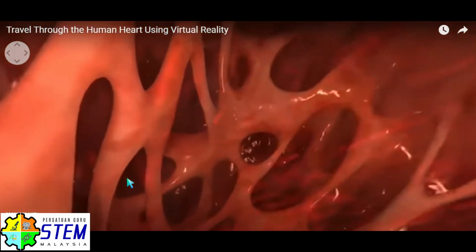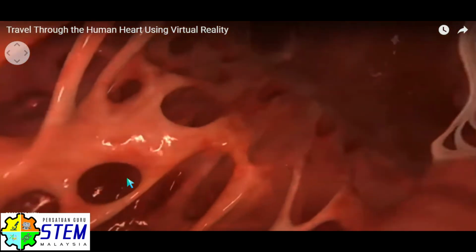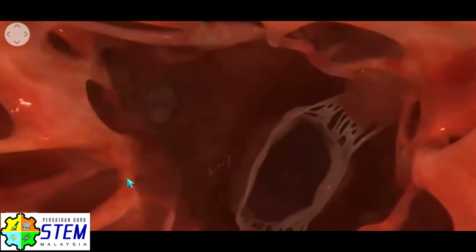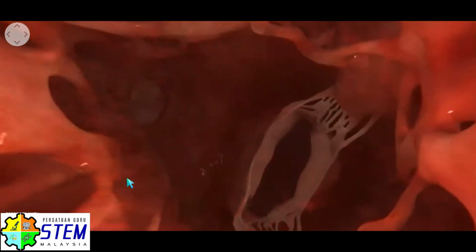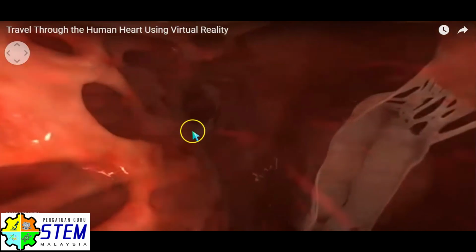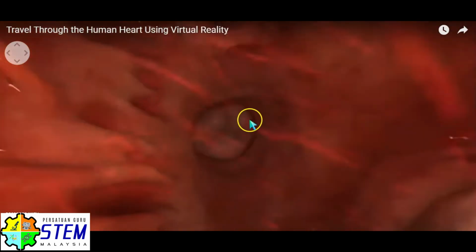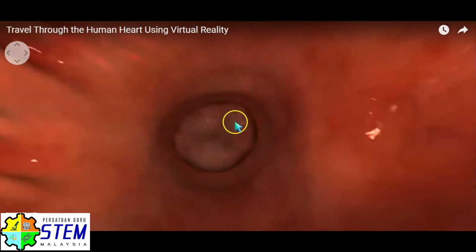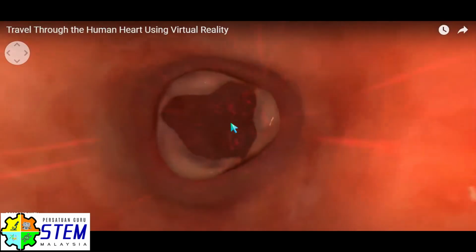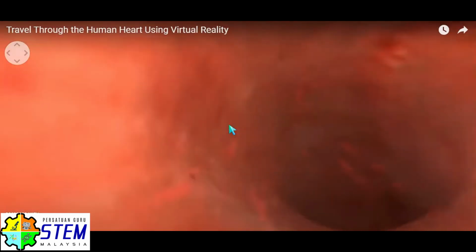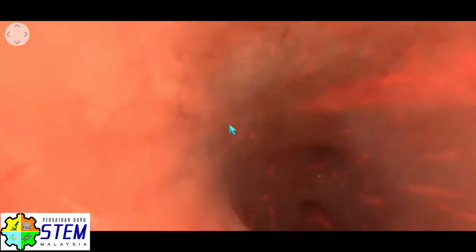So this is the left ventricle, and then the blood will flow through the aortic valve. This is the bicuspid valve, and this is the aortic valve. The blood will flow out through the aortic valve to the aorta to be transported all over the body.